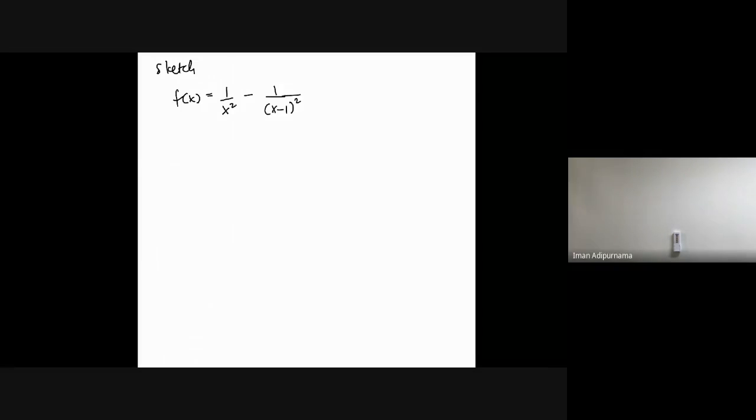The only thing you can notice is to always see the function in its domain. Where the domain, you see it having 1 over x. So x obviously cannot be 0, right? And x minus 1, so x also cannot be 1.